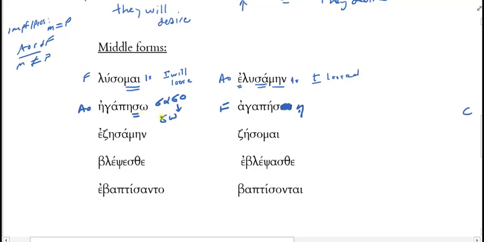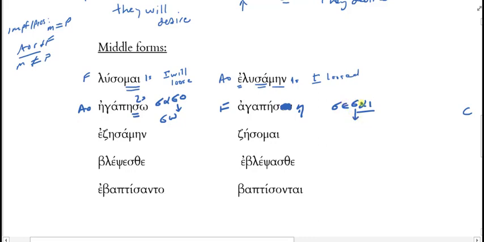Okay? So this is second person singular. Aorist middle, second singular. Here, agapese, this is really supposed to be agape se psi. Now, psi and sa are both second singular, but psi is the primary middle passive second singular. Again, intervocalic sigma falls out.